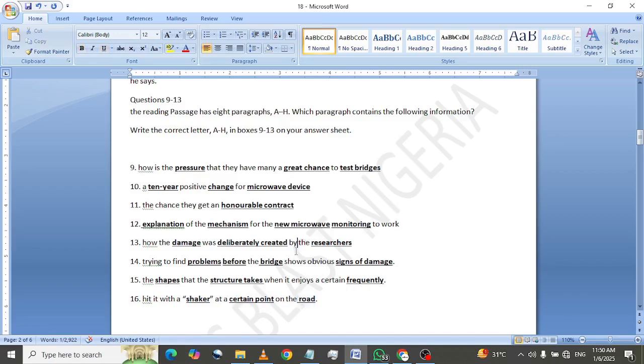Now all of these keywords that I have underlined in these questions, some you may see word for word, some they may use synonyms in the passage. So the whole idea of underlining keywords is that it makes it easy for you to locate the exact paragraph that answers the question.